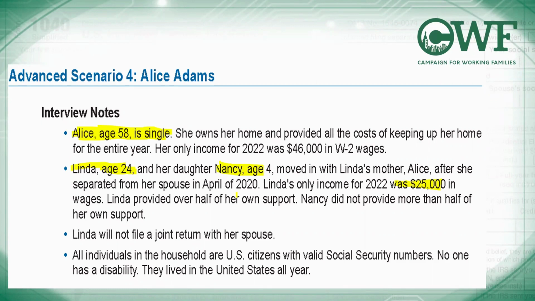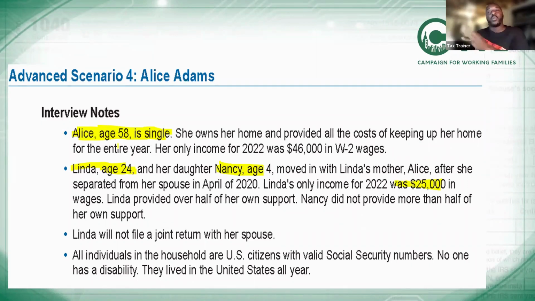But if she claims her child, that helps her out. Well, isn't there a new rule? There is a new rule. Parents being separated for 6 months here and 6 months there. That's exactly right, Michelle.